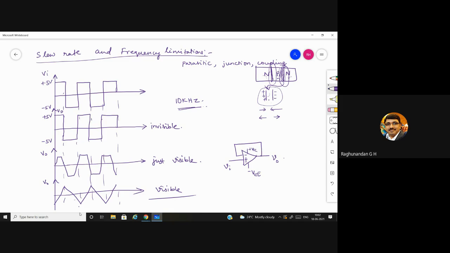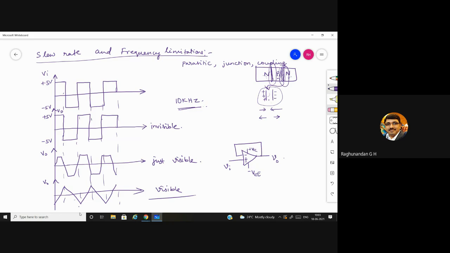So during that time, slowly the slew rate problem starts existing in the output. So we say that the slew rate problem is just visible. It is not completely changed, but slightly it has changed the shape, so we can observe the slew rate problem. But when you come to this triangular wave, you can easily observe it because the input was square, the output is triangular.